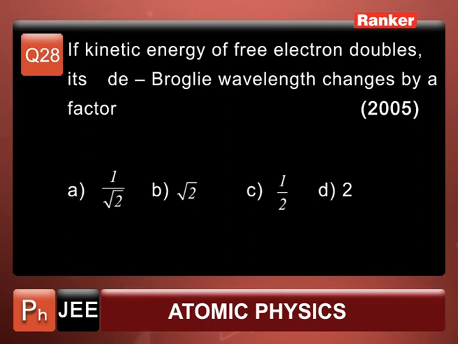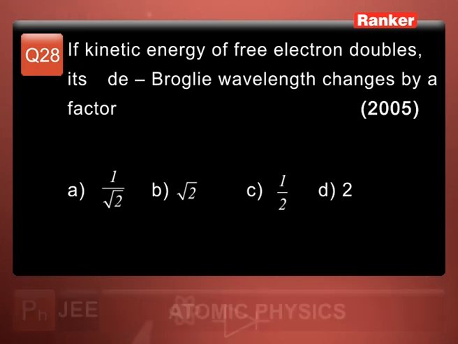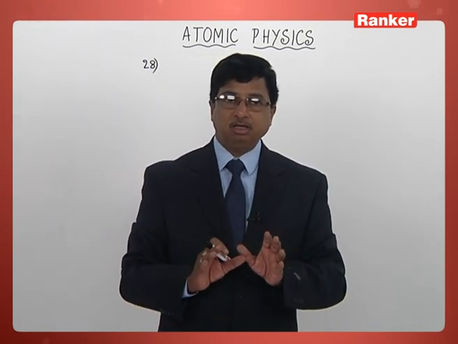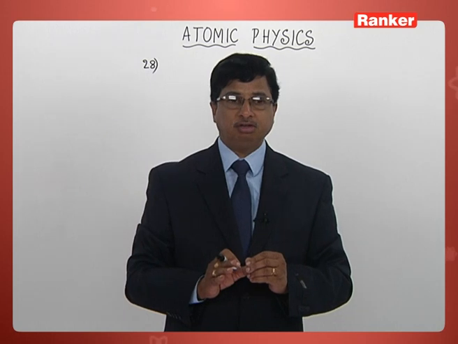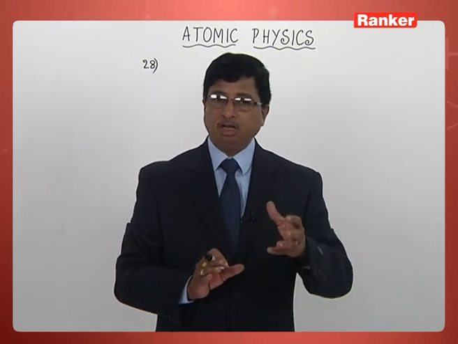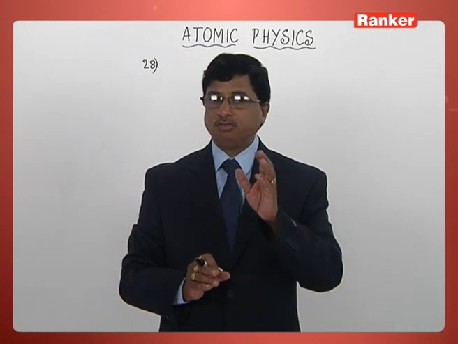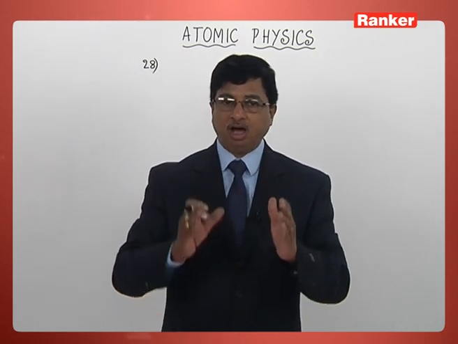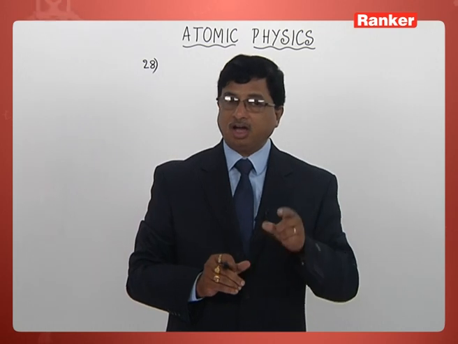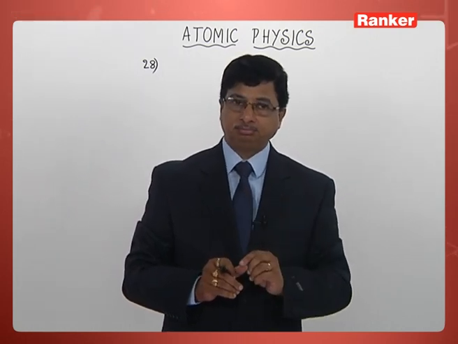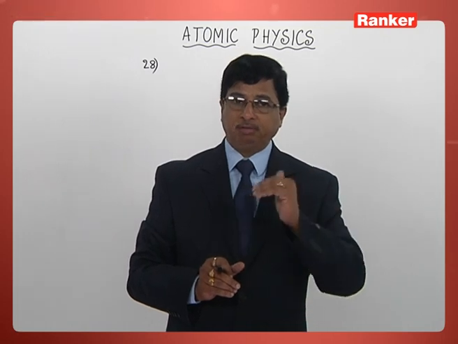The same question has been given earlier in IEEE in the year 2005. So this type of question is common, in many entrance examinations earlier also, a similar model has appeared. Therefore, one should concentrate a little carefully on this type of model. Kinetic energy of free electron is doubled. It's the de Broglie wavelength.